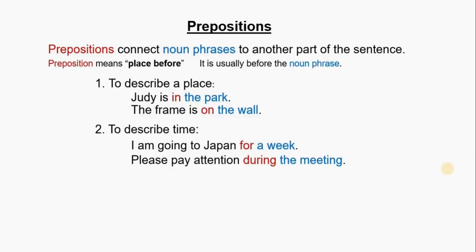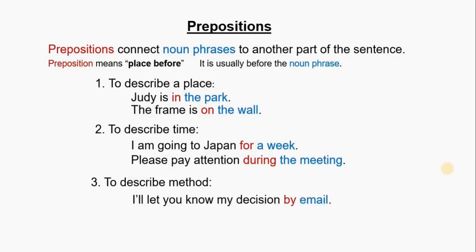They can also sometimes describe a method. For example, I'll let you know my decision by email. So, how will you know my decision? By email. It is the method.